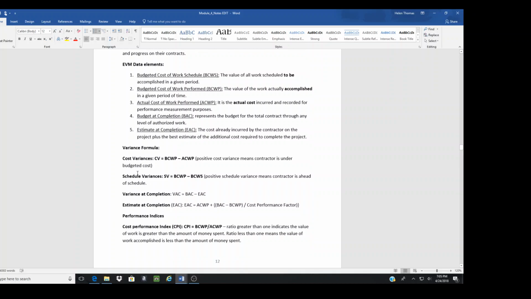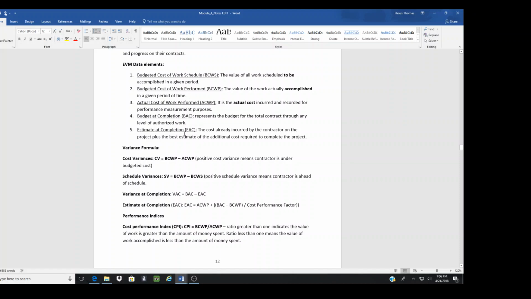So the variances, or you could say the formulas. If I say calculate the cost variance, well, you have to know that the cost variance is equal to my budgeted cost of work performed minus actual cost of work performed. A positive cost variance means the contractor is under the budget. So this section right here is very important.